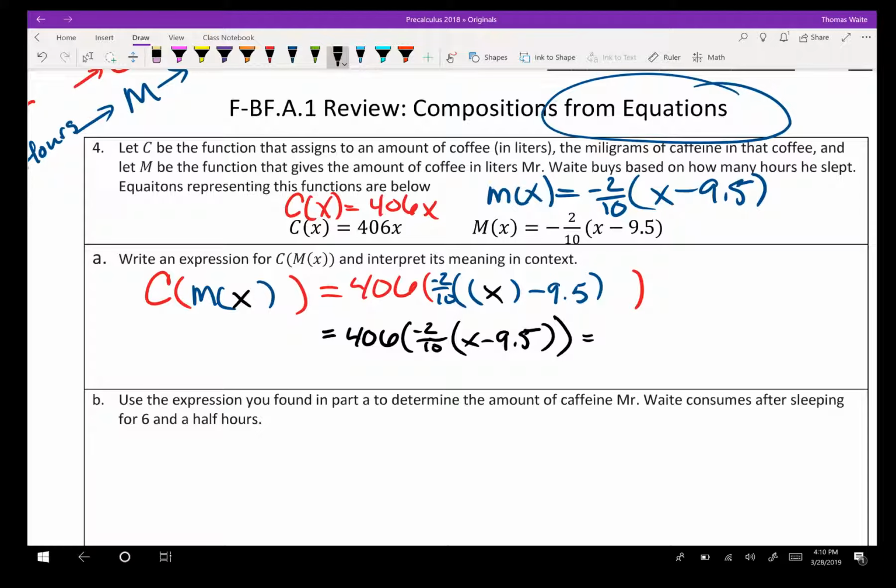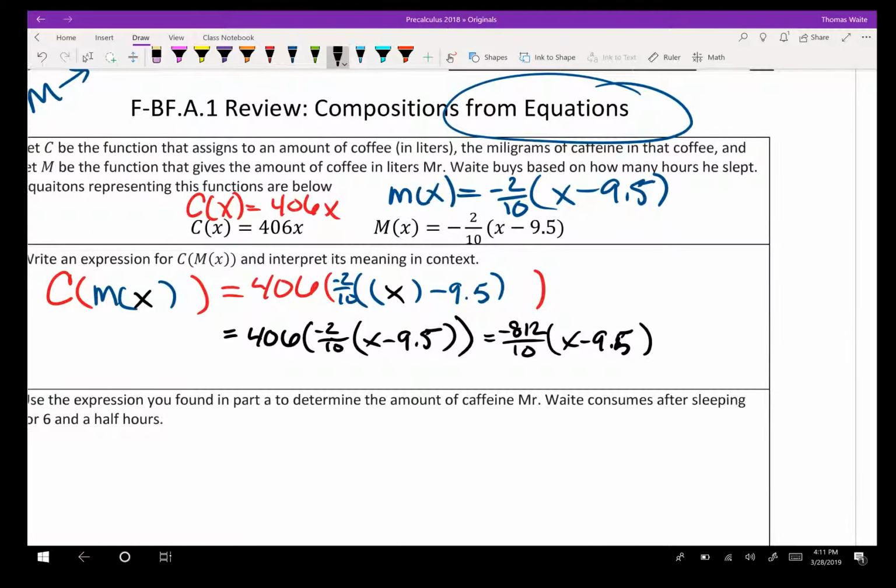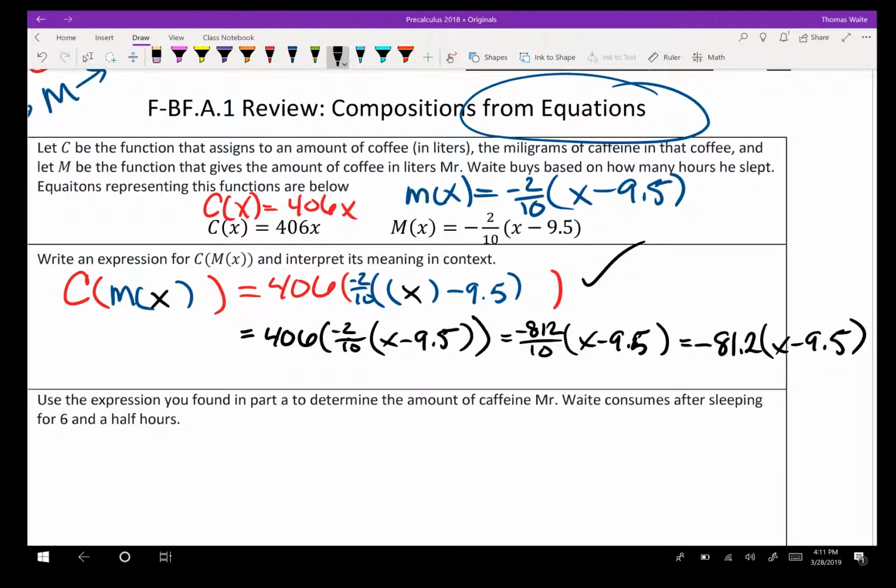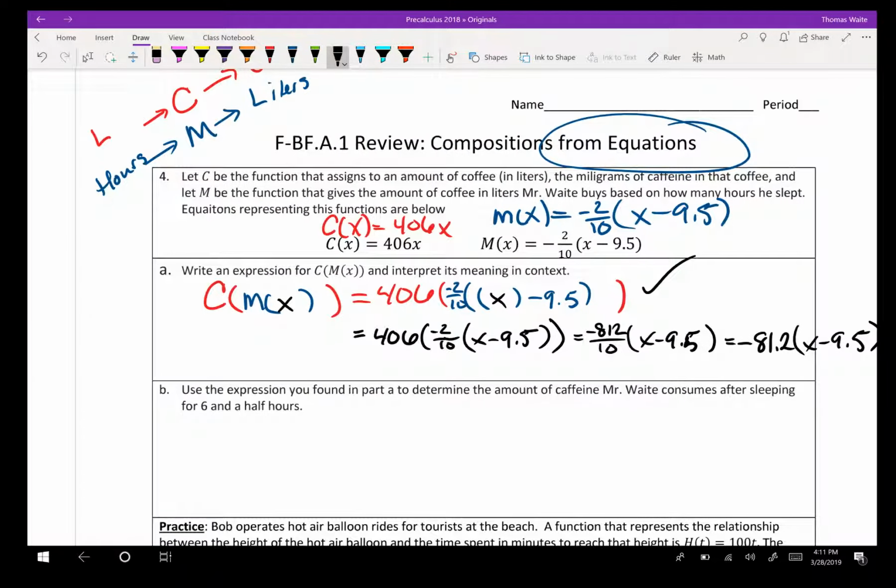It's going to be negative 812 over 10 times x minus 9.5. And then let's just write that as a decimal. So negative 81.2 times x minus 9.5. We were done at the first step. If you'd written that, you would definitely get full credit. This is just writing it in a way that might be easier to use later on.